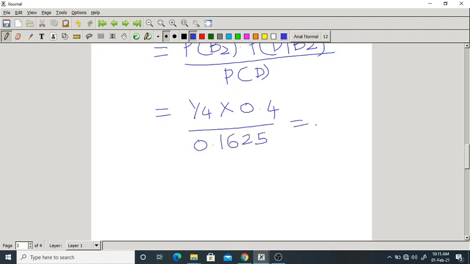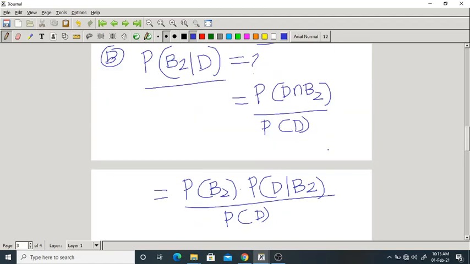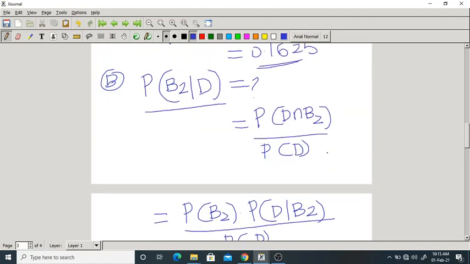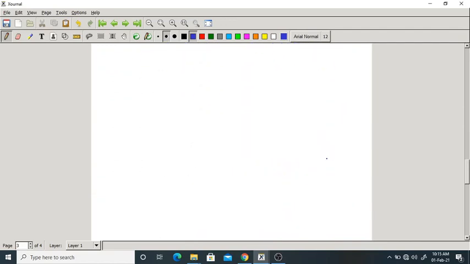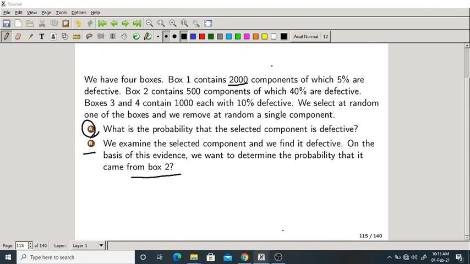You find out this. What is the answer? That is the probability that the defective component is from the second box. In this problem, we have used 2 theorems, the total probability theorem and the Bayes theorem. We proceed to the next problem.